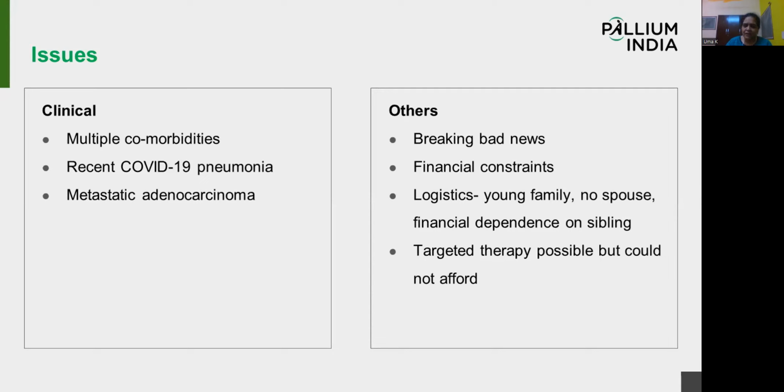She was a single parent, had a young family, and she was financially dependent on a sibling. Targeted therapy, as we know, was possible because she was ALK positive. We could have given her a biologic agent, but they could not afford targeted therapy at this time. She was not fit for chemotherapy. Next slide.